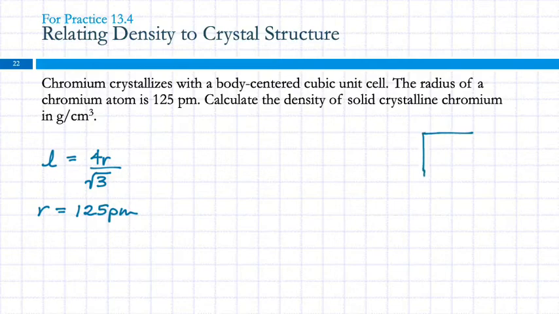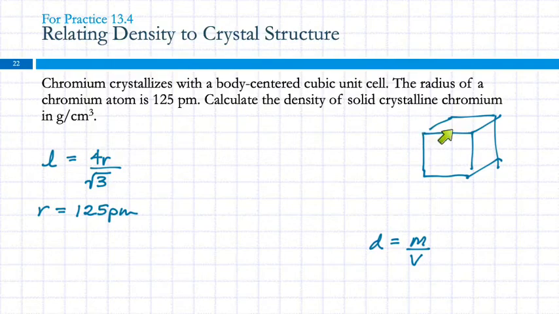So, what is density? Mass divided by volume? Yeah. So what we're going to do here is look at a cubic unit cell and see if we can figure out what's the mass of that and what's its volume.